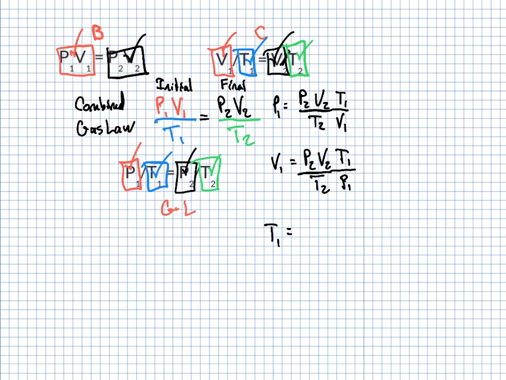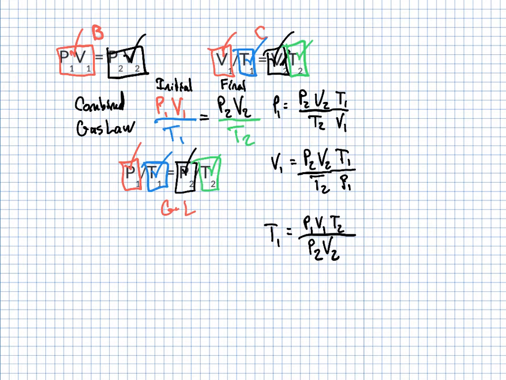And then if I have T1, well, that one looks a little different. So again, you can do that cross multiply thing. So T1 is going to be equal to P1 V1 T2 divided by P2 V2.